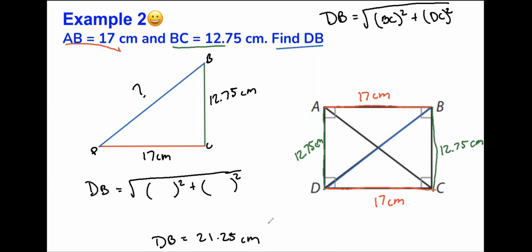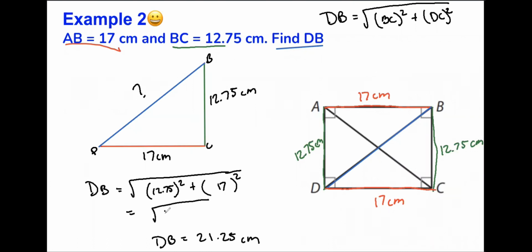All right, let me work this one out. BC is 12.75 squared. DC is 17. So this will give us whatever 12.75 squared is plus whatever 17 squared is.